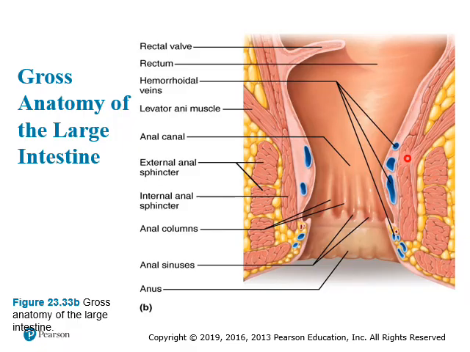So this is receiving signals from the brain if you really need to go. If you really need to go, then it will relax and allow fecal matter to go out. But we have a way of controlling it, and our way of controlling it is with the use of the external anal sphincter, which is a skeletal muscle.